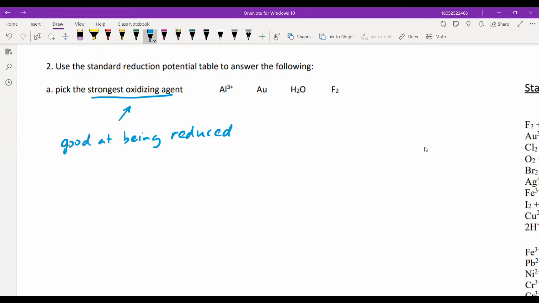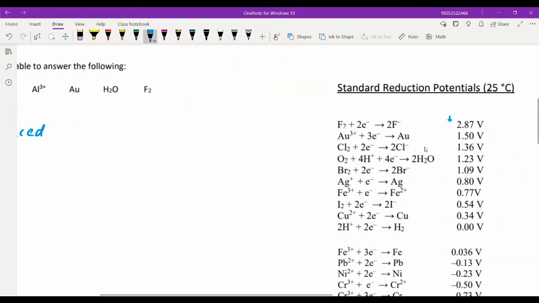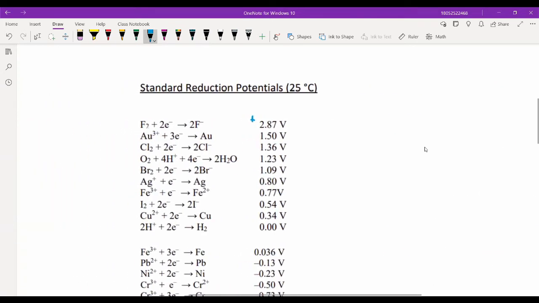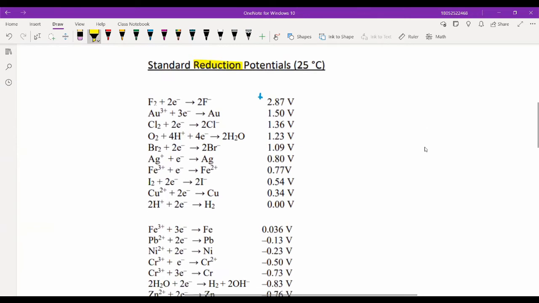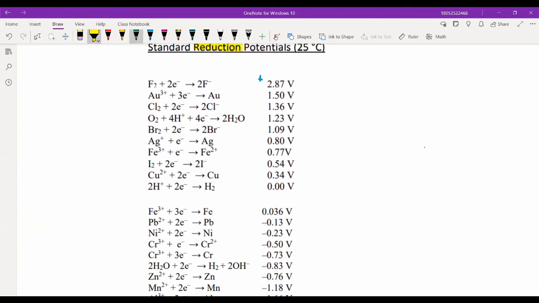It's like a towel is a drying agent because the towel gets the water and it dries something else. And a thing that's reduced is oxidizing something else. So what we're looking for is things that are reduced. Now, in all of these tables, they are reduction tables. And that means that everything that's on the left side is by definition being reduced.